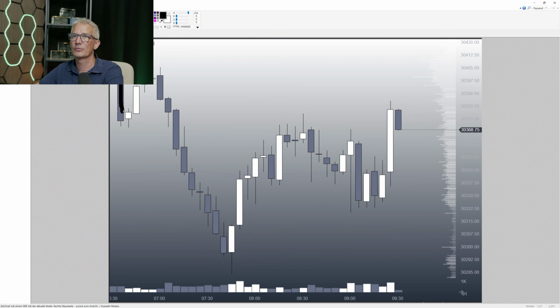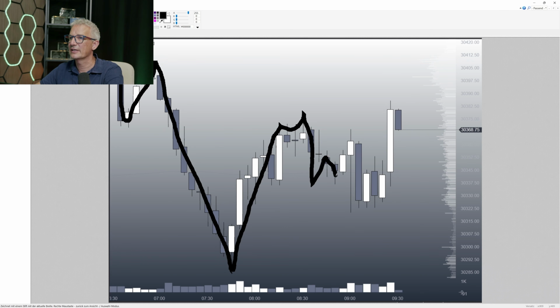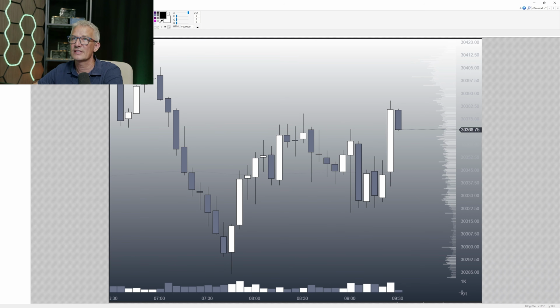Look, a line chart would look like this. And now the question is, how can I recognize on this line chart where the market is likely to give me certain structures that help me to recognize whether a market can go up further or whether a market will rather run down? And that's exactly what we're doing now, step by step.